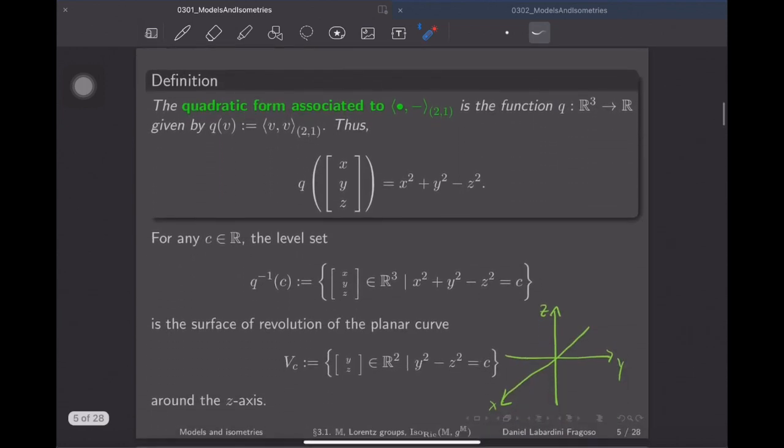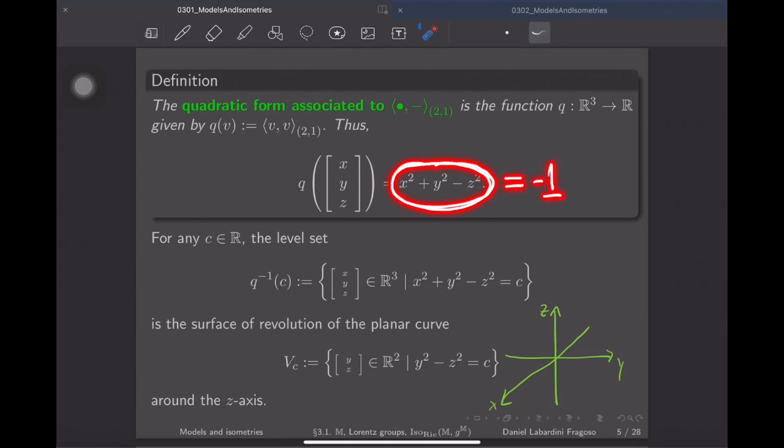Okay, but nevertheless, we consider the quadratic form associated to that bilinear form, and we consider the level sets, right, and the hyperboloid model for the hyperbolic plane will arise from the level set at a specific value, when considering the points that satisfy an equation, right?